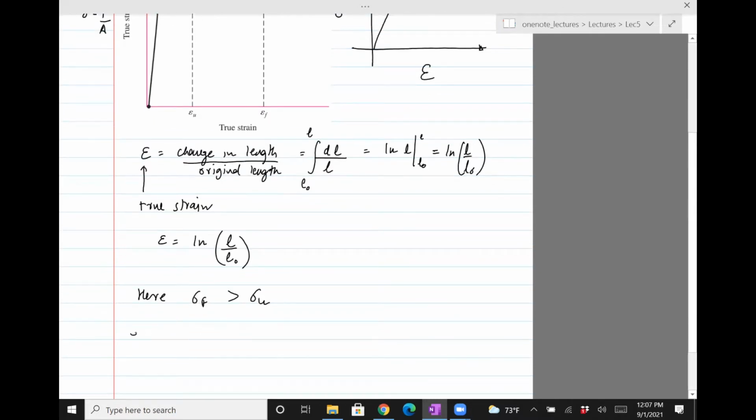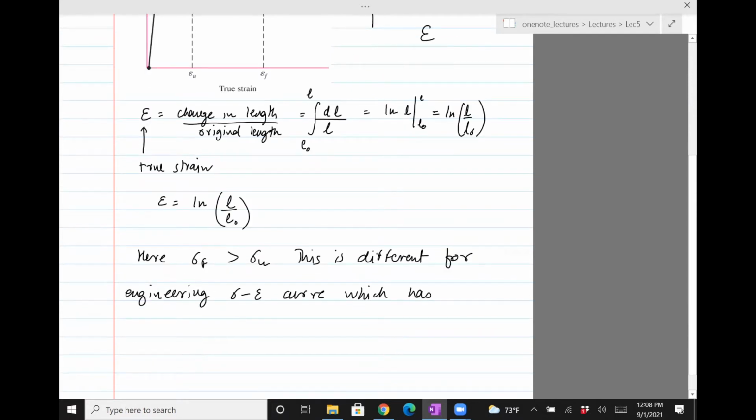For the engineering stress-strain curve, this is different, where SU is greater than SF.